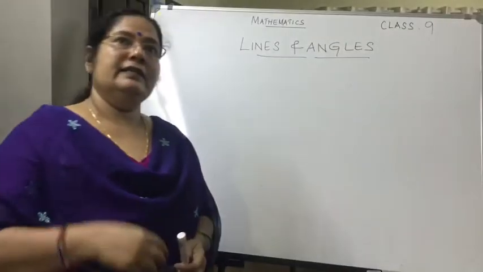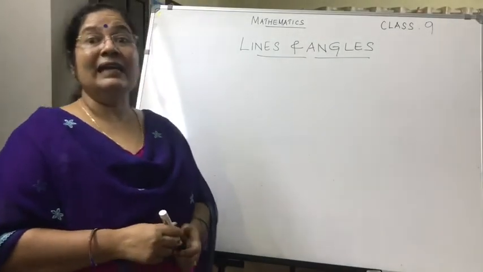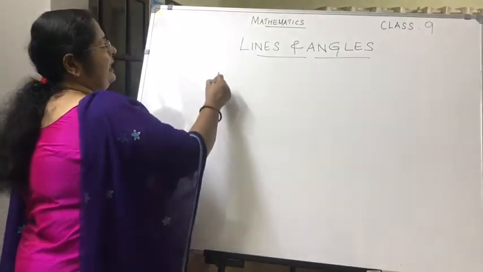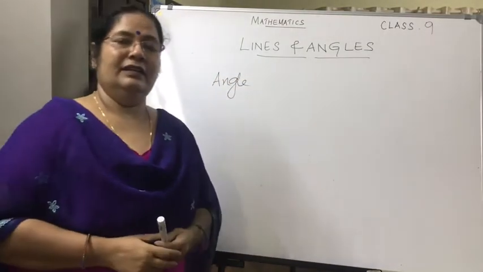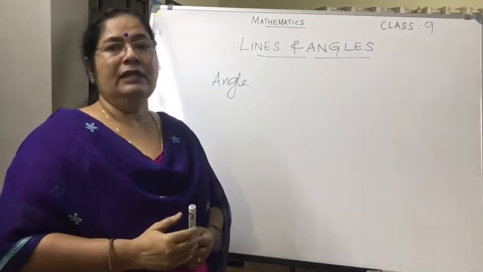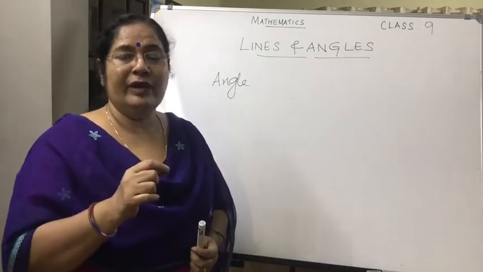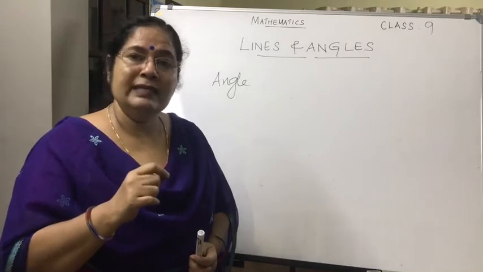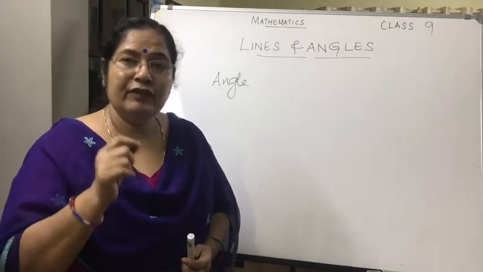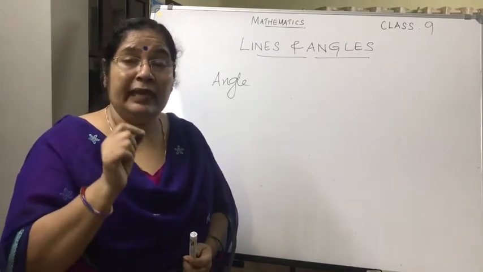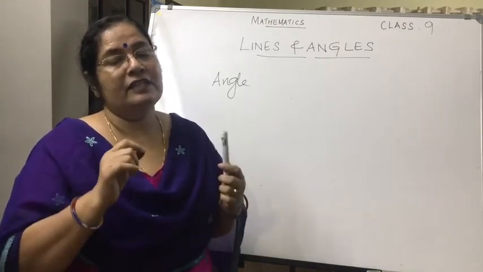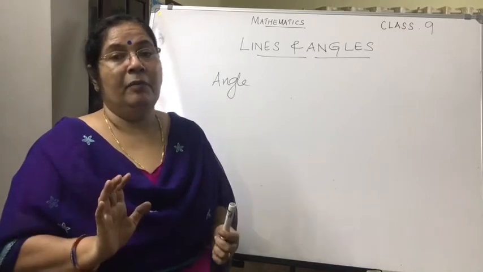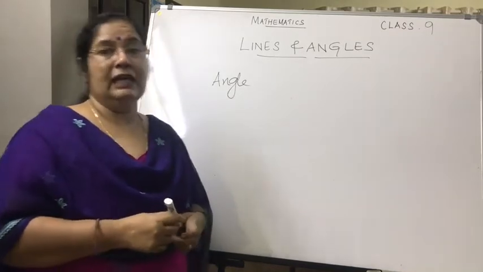Now coming to the next basic concept, angles. When is an angle formed? An angle is formed when two rays or two line segments start from the same end point. Two rays or two line segments which start from the same end point, then we have an angle formation.